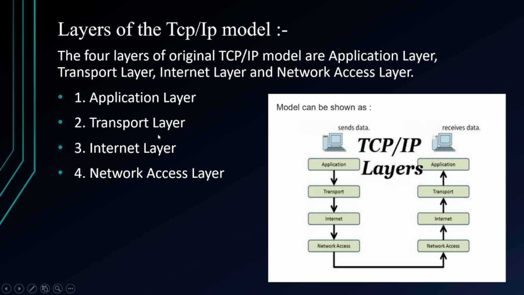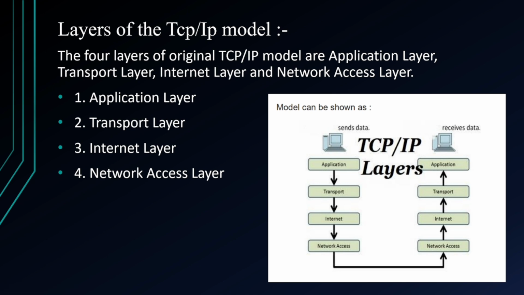Third, the internet layer. This handles the routing and addressing of data. And finally, at the bottom, the network access layer, also called the link layer. This deals with the actual physical transmission of data. Each layer works with the layer above it and the layer below it. Together, they make sure your data gets from point A to point B safely and correctly.